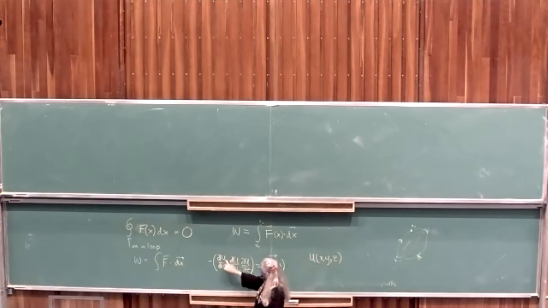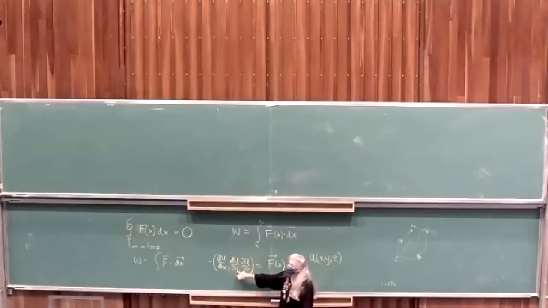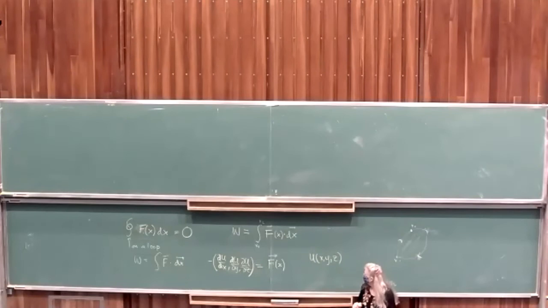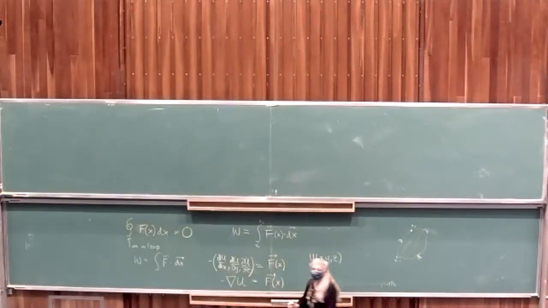If I take a derivative with respect to x, a derivative with respect to y, and so on, I get a vector, and that vector will equal minus the force. Another way to write this is minus the gradient of U. That's what it turns into in 3D. But for any force, it's not necessarily possible to find a function that only depends on position so that you can do this. If you can do this, then your force is called conservative.